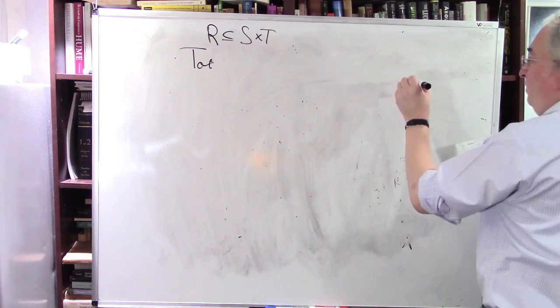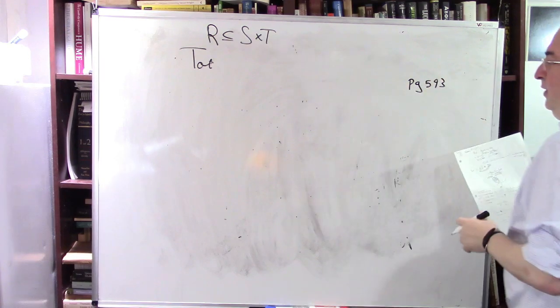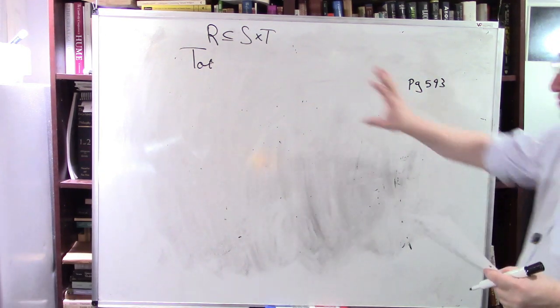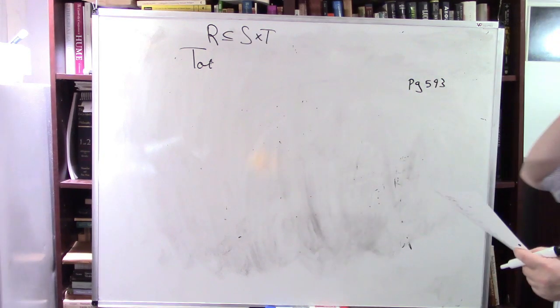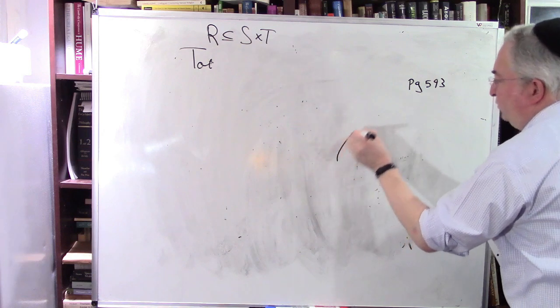The Venn diagram is on page 593 in the book. It's a nice Venn diagram that shows what the relationships between these things are, and we're going to build it as we go along.